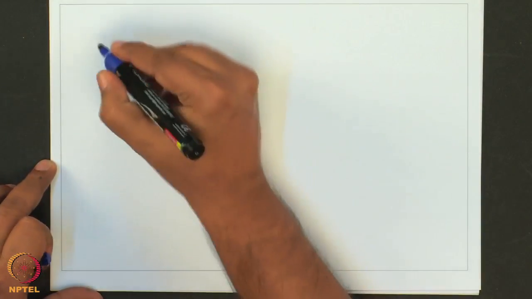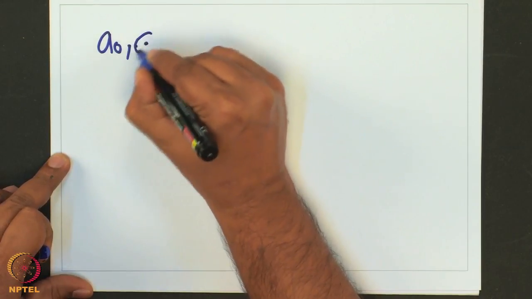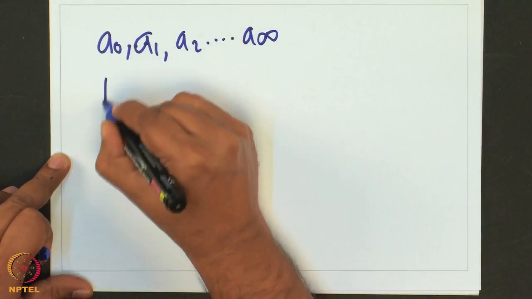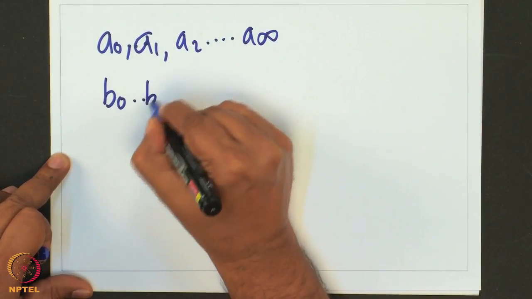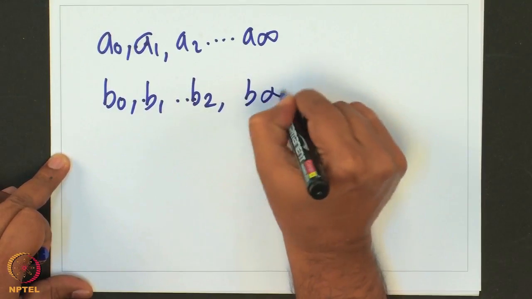So, if I specify only the most important dominating coefficients, I have this full number set of A0, A1, A2 up to A infinity, B0, B1, B2 up to B infinity.